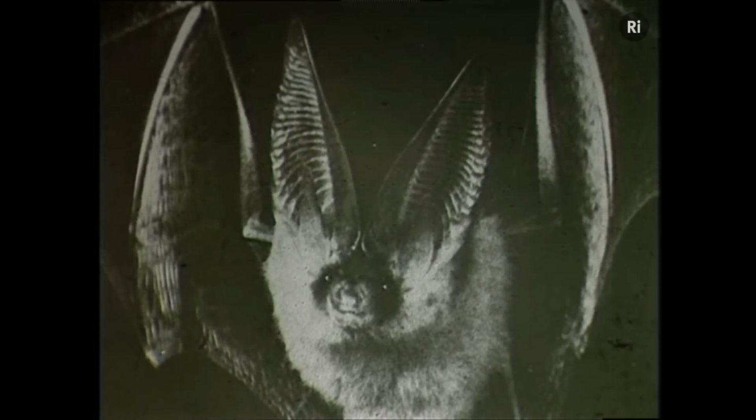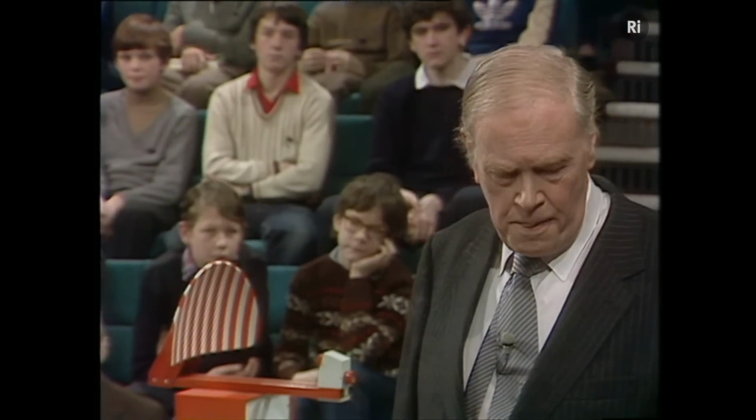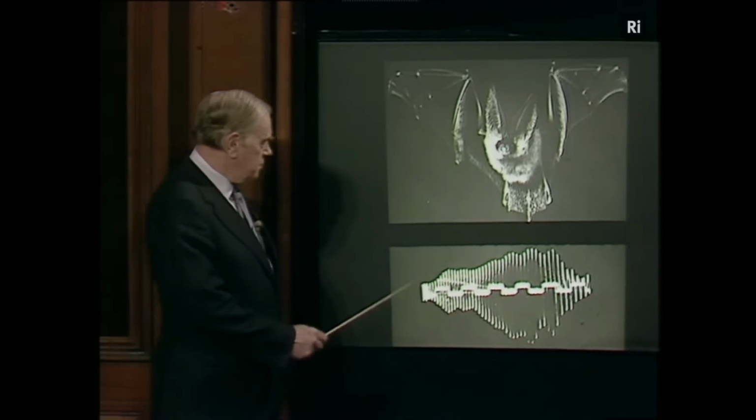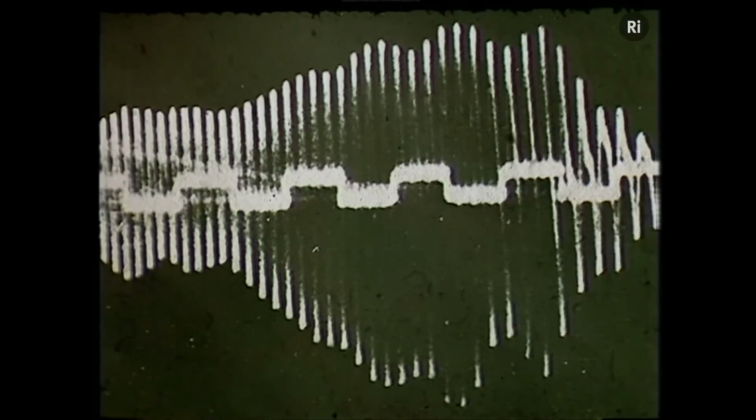It was known for many years, of course, that they were extraordinarily good at not flying into obstacles. But thanks again to the development of ultrasonic sensors, it was possible now to listen and hear the pulses which were sent out by the bats. They're very complex pulses, and there's a lot of information.